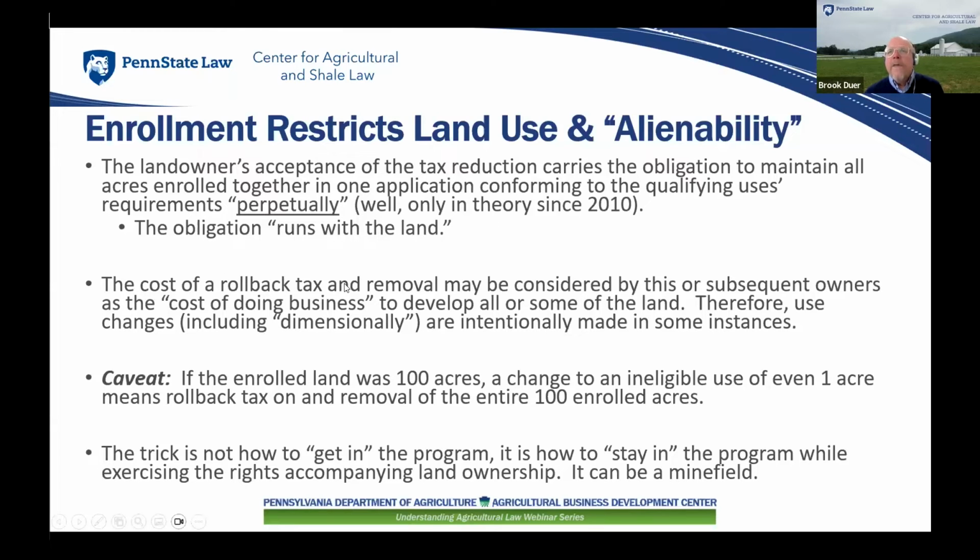Now, the cost of a rollback tax and removal is sometimes just considered to be, hey, that's part of the cost of doing business. And, for example, if some solar electricity generator wants to come in and put up solar panels on 30 of a farmer's 500 acres, paying the rollback tax on those 30 acres, for example, may just be considered the cost of doing business for that solar developer, and they just factor it into their economic equation to see if the balance sheet's still looking good.